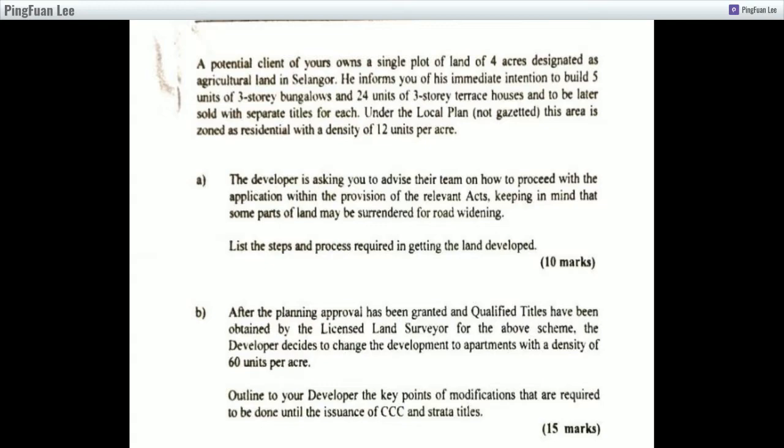I think you'll basically get the QT already, right? Or does that happen at a later date? And you can't get the building plan approved without QT. Without titles. Okay. Correct, isn't it?